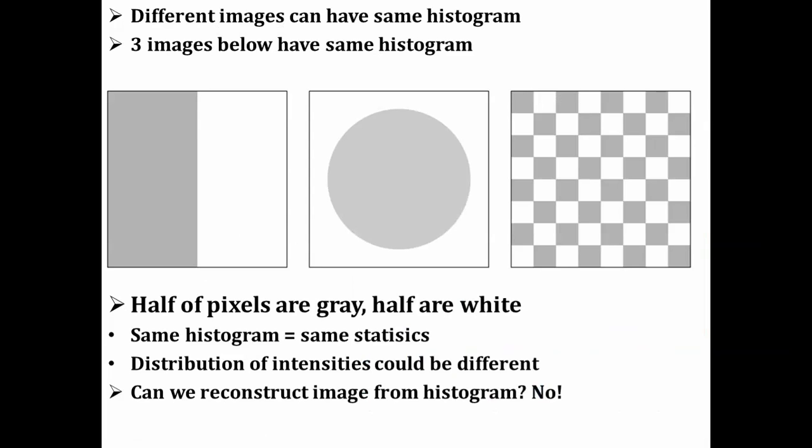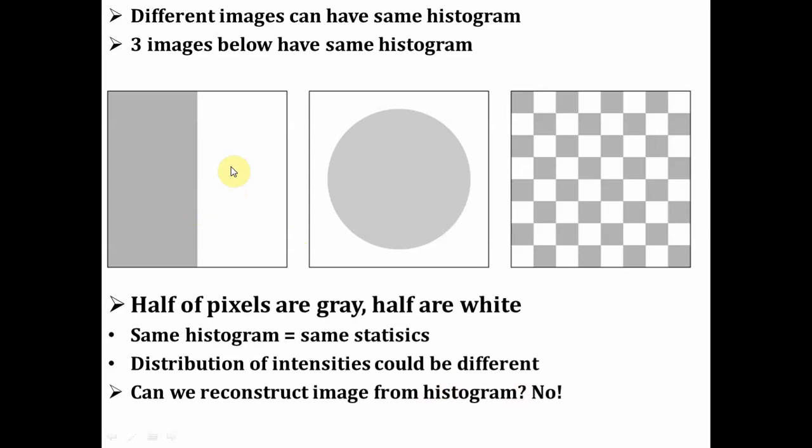In one of the university examinations, the Mumbai University examination of the IPMV subject, it was asked: can different images have the same histogram? The answer is yes. How? Consider these three images.